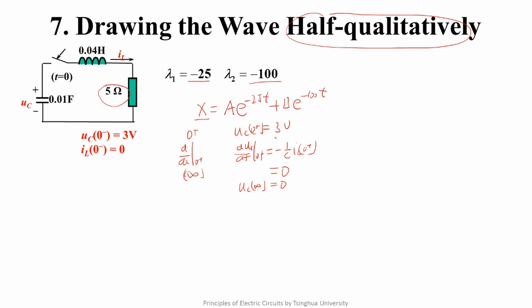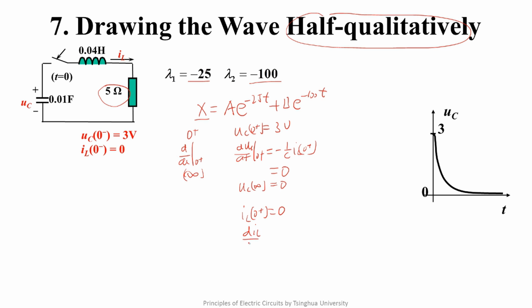Because it is a zero-input circuit, the steady state value of uC should be 0. So we know that uC changes from 3 volts with a derivative of 0 and eventually attenuates to 0. Its semi-qualitative waveform should be like this, starting from 3, decaying to 0.